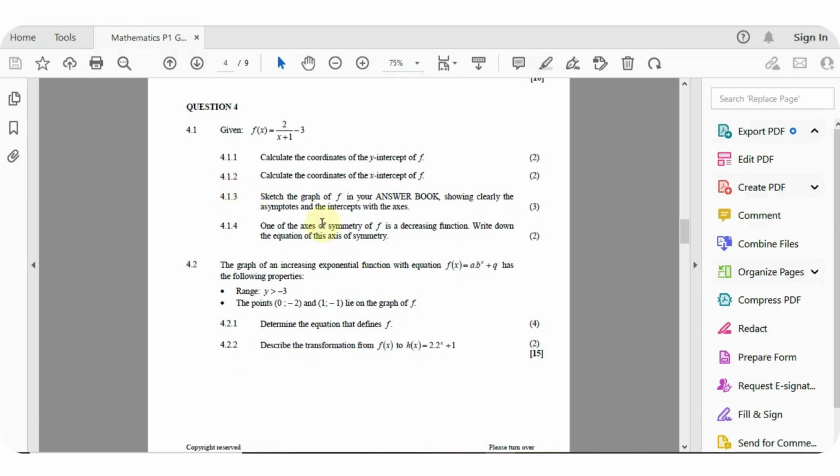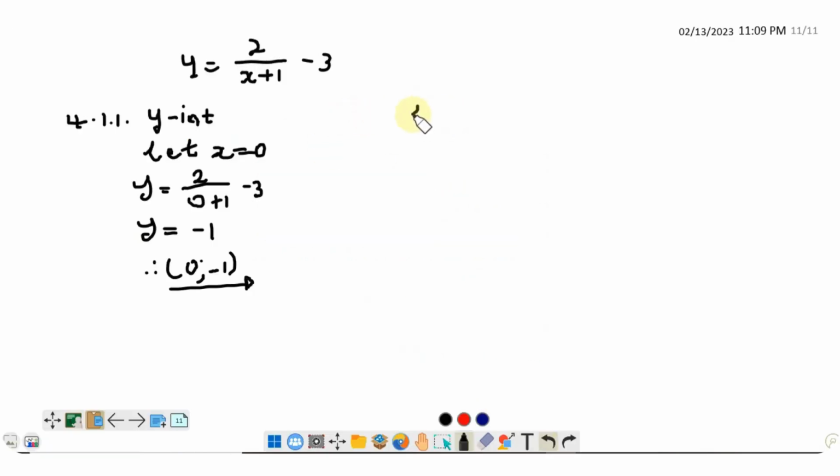4.1.2. Calculate the coordinates of the x-intercept of f. Now they want the x-intercept. For the x-intercept, let y equal 0. If y equals 0, we have 0 equals 2 over x plus 1, minus 3.